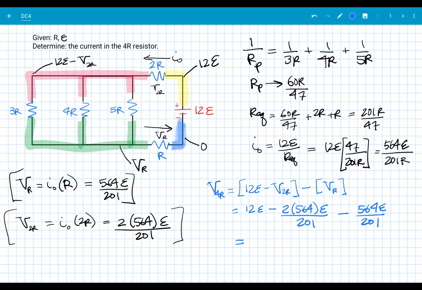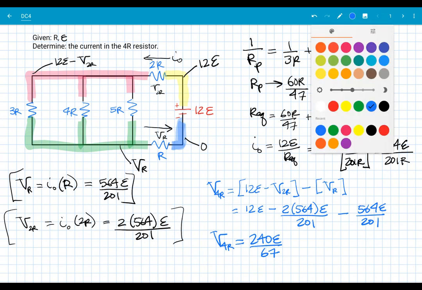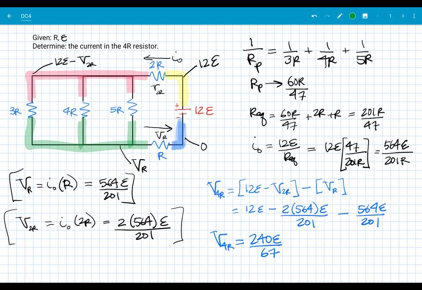And what I end up getting here, I'll make a few different moves, is 240E over 67. So that's the potential difference across the 4R resistor. And then once you have that, I'll change my colors up again here, to find the current through the 4R resistor, that's just going to be the potential difference across the 4R resistor divided by its resistance, which is given as 4R.